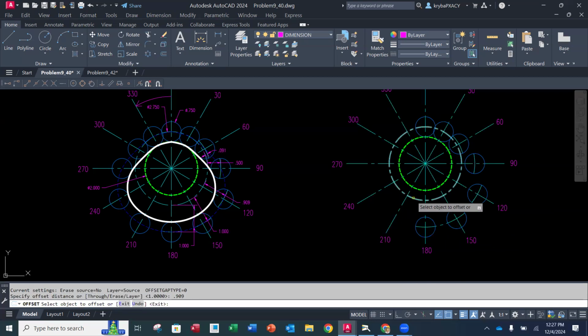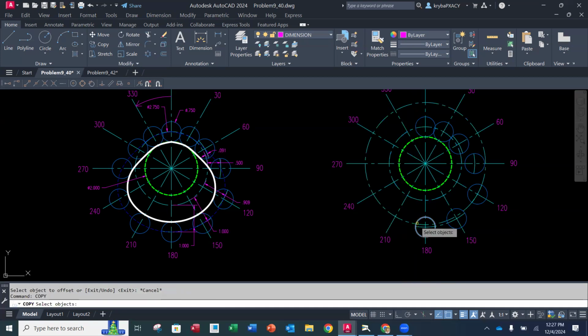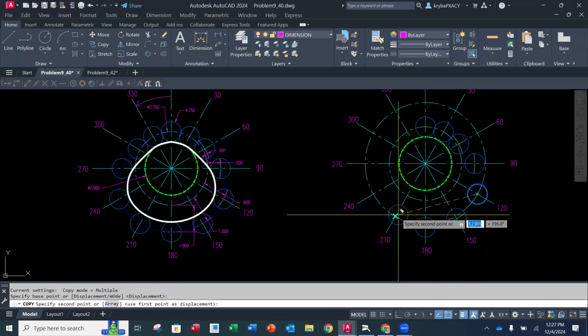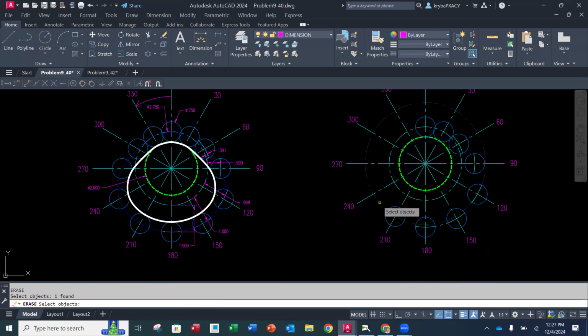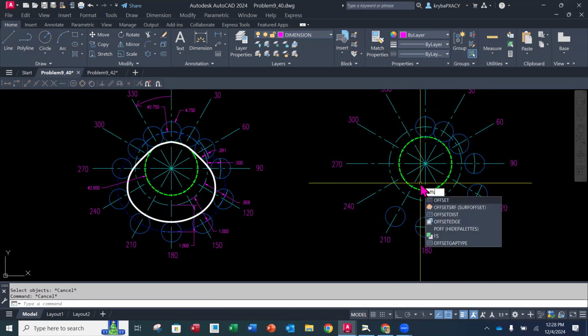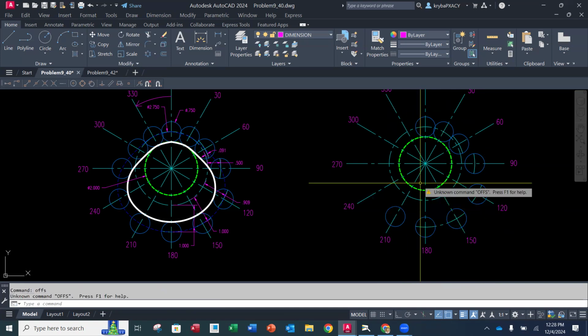That's okay. 0.909 is going to be here. So I can just go from here to here. And then 0.5.